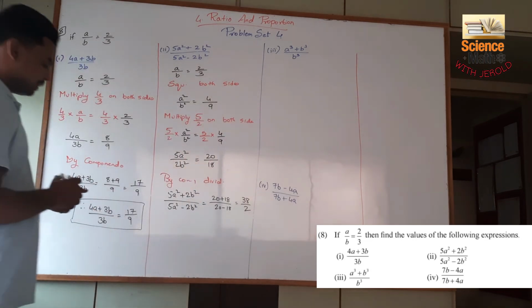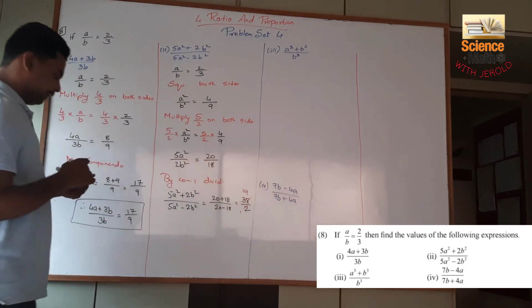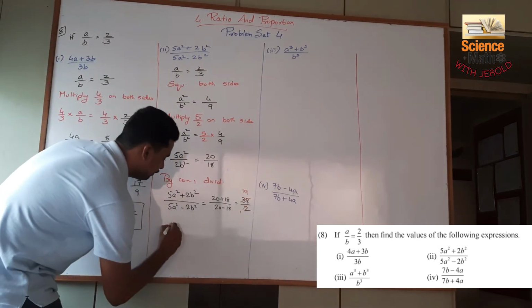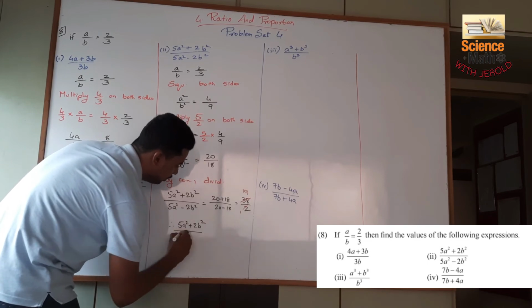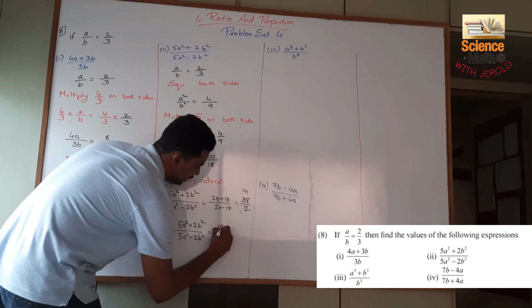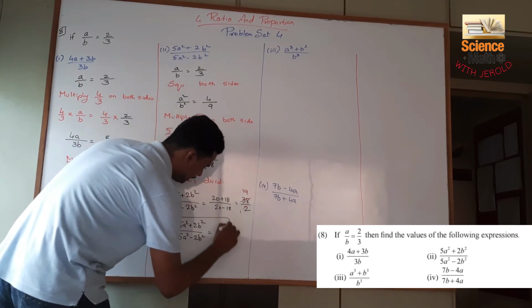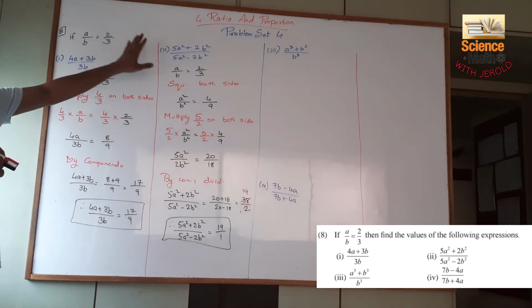When I divide, the number 38 into 2 ones are 2 and 2 into 19. Therefore, (5a squared plus 2b squared) upon (5a squared minus 2b squared) is equal to 19 upon 1. That is my answer for the second part of the question number 8.